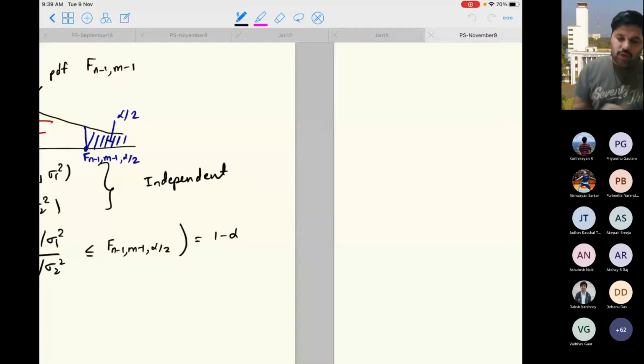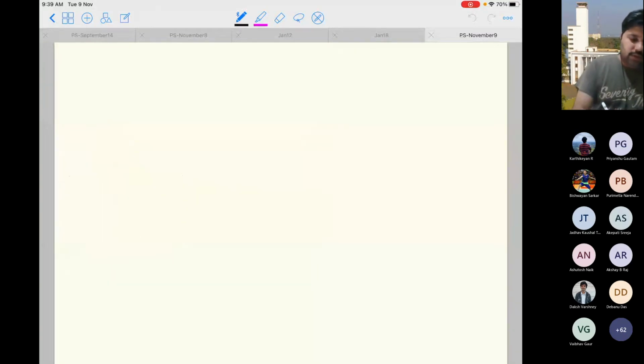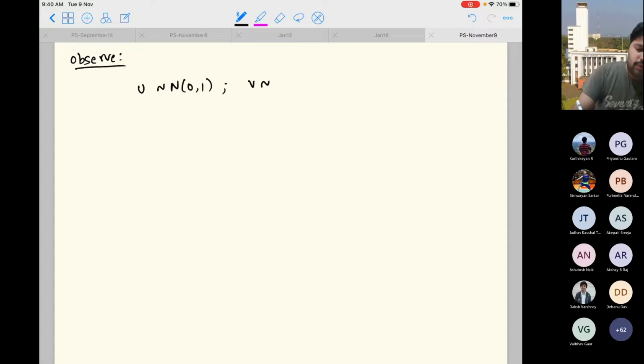Okay, so one thing that you can observe here in F is the following. Suppose I have a T random variable. Suppose I have a random variable U, which is normal 0, 1, and a random variable V, which is chi-square P, and U and V are independent.